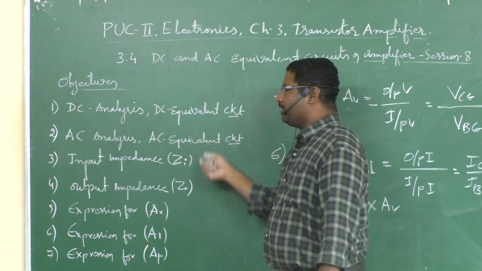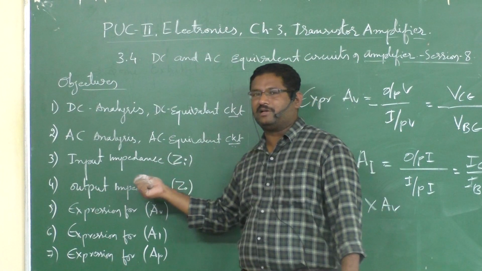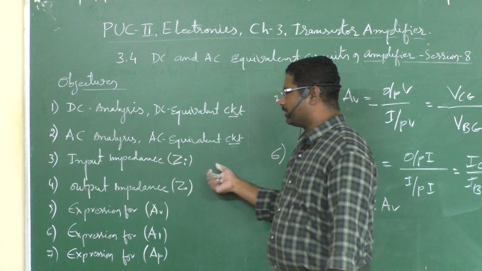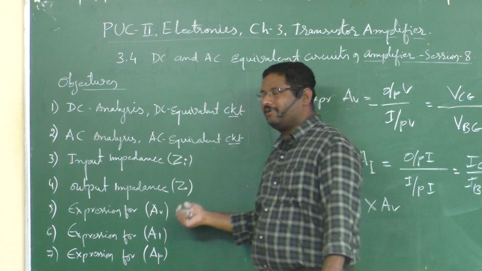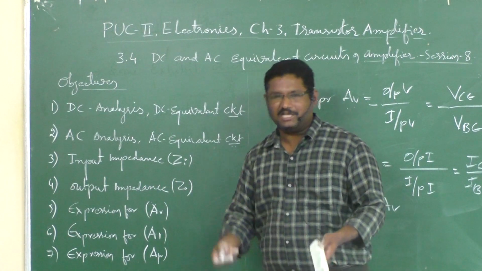Then we'll write down the expressions for Z in base and Z in total, the input impedance, and similarly the output impedance. Input impedance is nothing but the AC resistance.